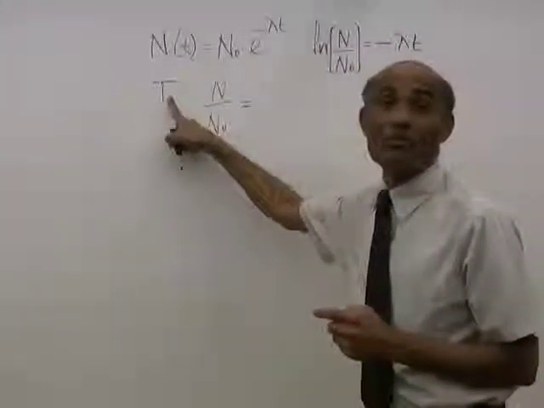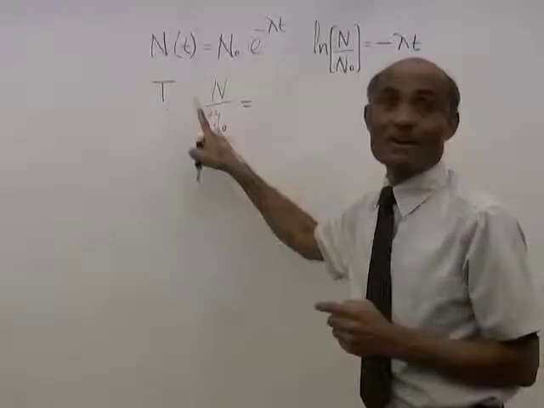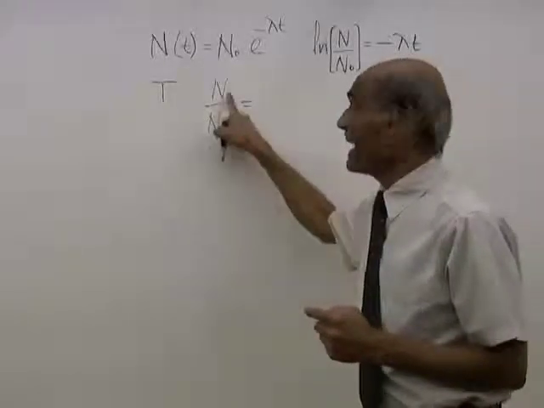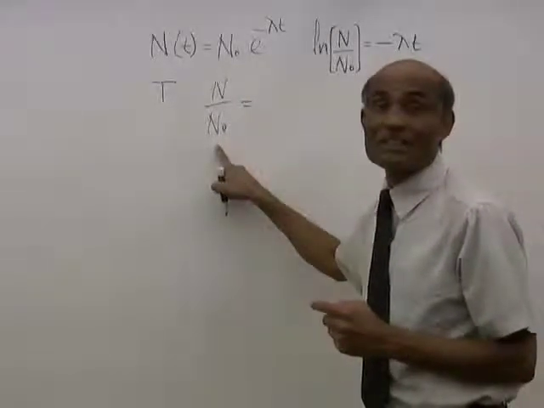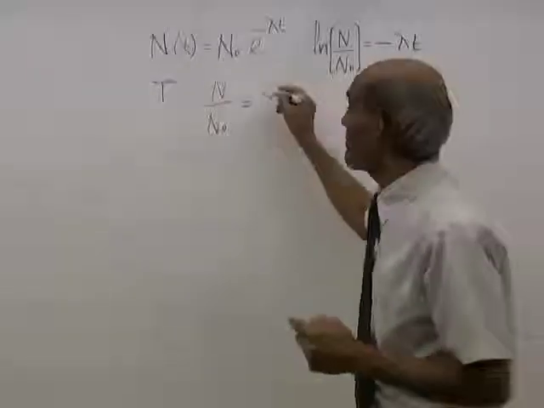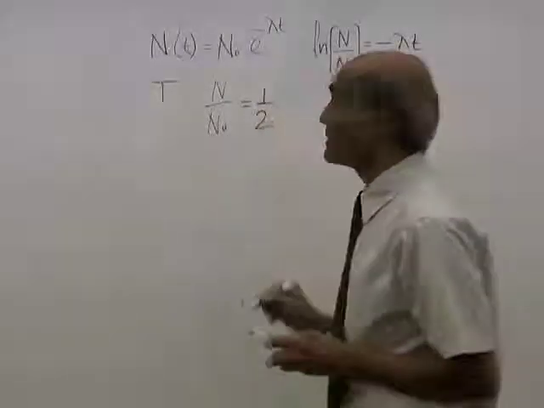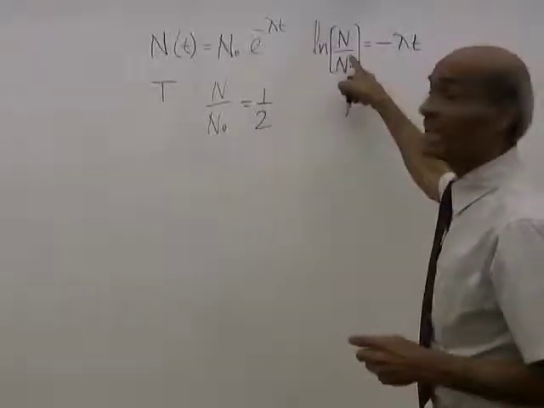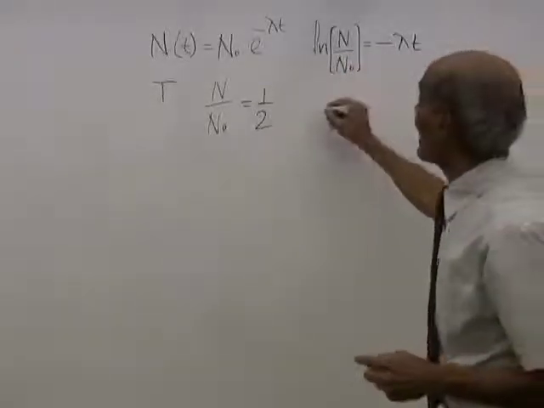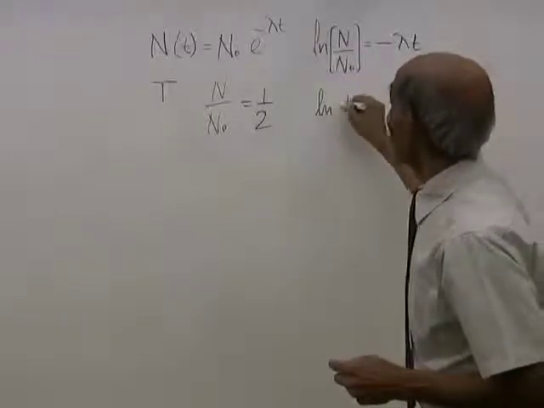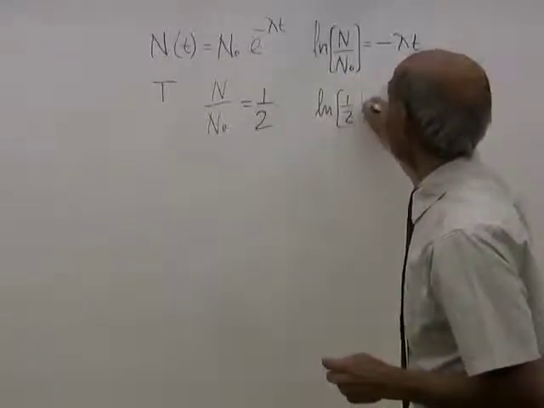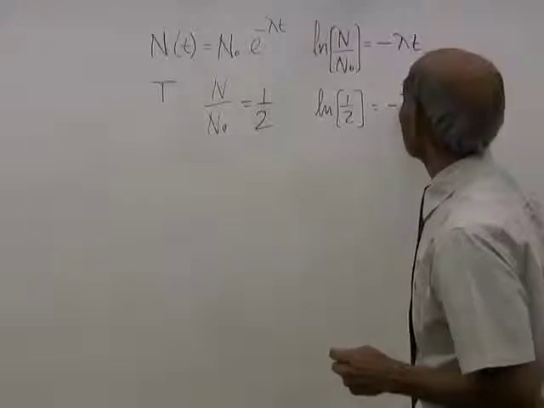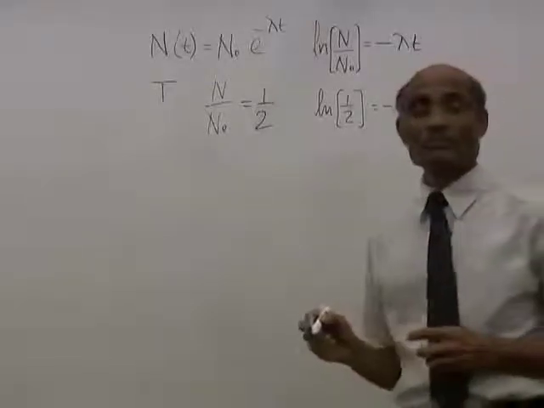After one half-life, N will be 1/2 of N0, or N divided by N0 will be just 1/2. Now, if you use that in this equation, I can write ln of 1/2 equal to negative lambda t.